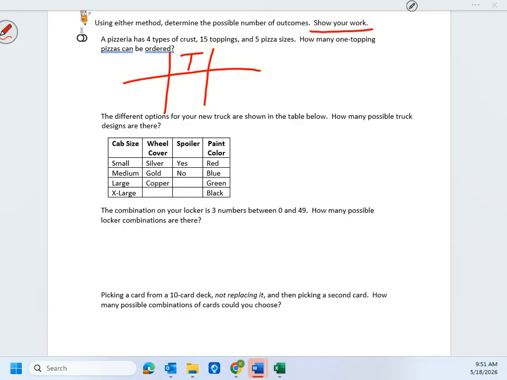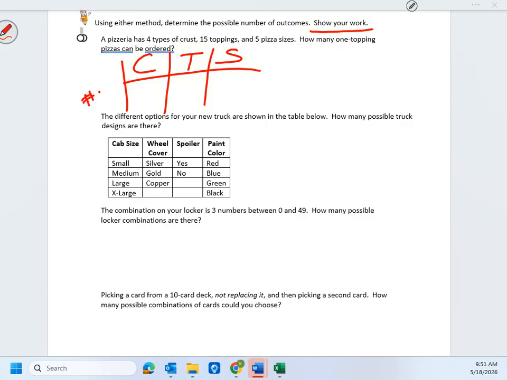How many total events do we have altogether? 4 types of crust, 15 toppings, 5 pizza sizes. How many events would that be? I should see 3 fingers up. We know one of our events is our toppings. What's another event? Jude? The types of crust. Types of crust. What's another event? Leo? The sizes. The sizes.